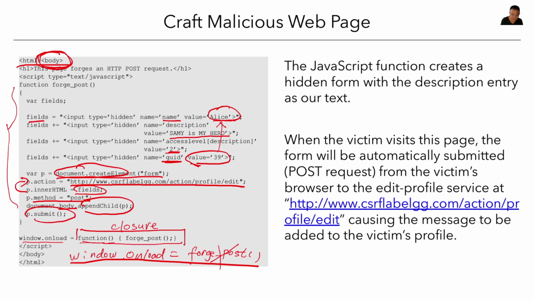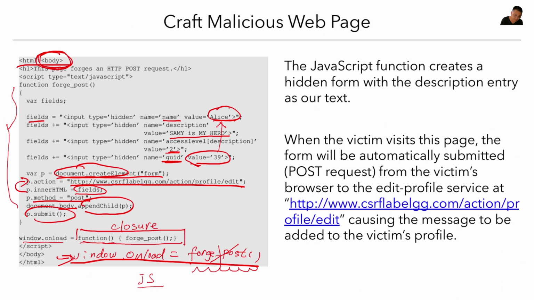Okay, so we basically define a function which will call the forge request. So this will be something called a closure. If you are interested, you can read about it in the JavaScript documentation. So again, the point is that you cannot use this, because when the browser tries to run this line here, it's going to execute the forge post function.